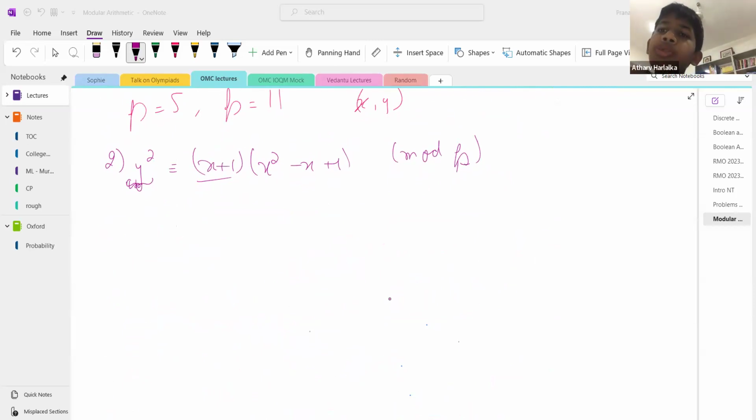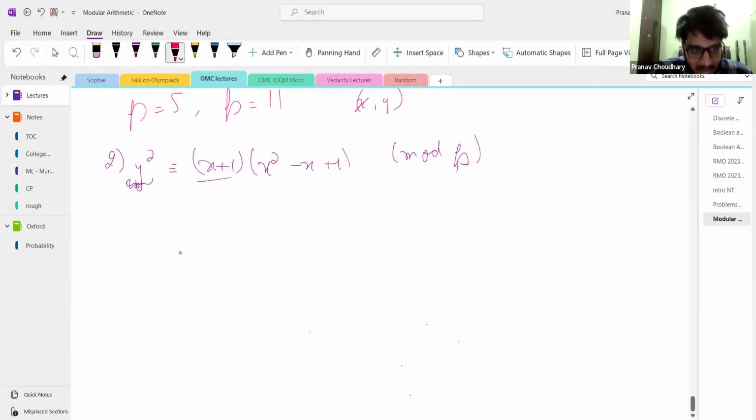Maybe cube roots of x and p minus... are unique in modular arithmetic. Sorry, what are you saying, Athar? So can cube roots be defined in modular arithmetic? Like each number has its own cube root. I can't hear it clearly. Sorry, can you repeat again? Are cube roots defined in modular arithmetic?